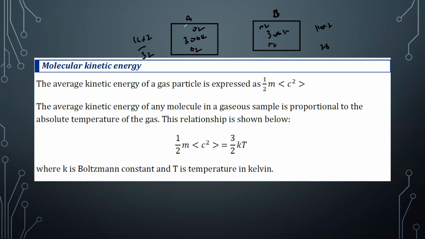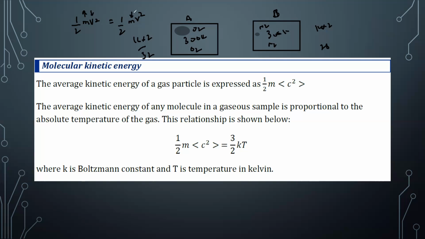When we compare the mass, oxygen molecules have more mass as compared to nitrogen molecules. But they have the same temperature, so they have the same kinetic energy, or the same half mv square. So how do both have the same half mv square? Oxygen has more mass, so its particles will move slower.